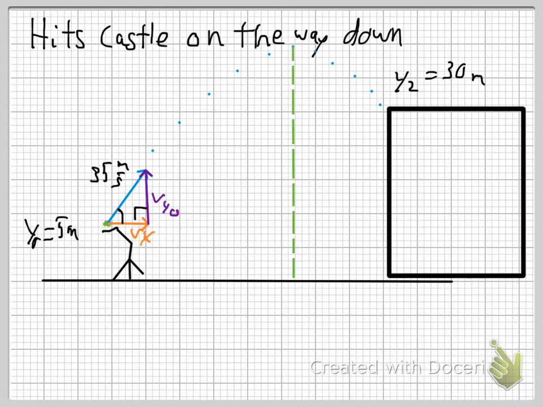Alright, so we can see that I have my vector triangle here with Vx and Vy. So we already broke those into components, which is good. And really the main thing about these types of problems is making sure you break it into two parts, into rising and falling.